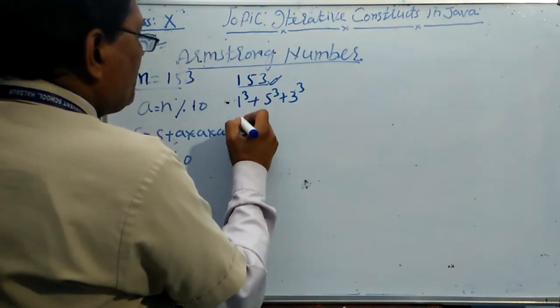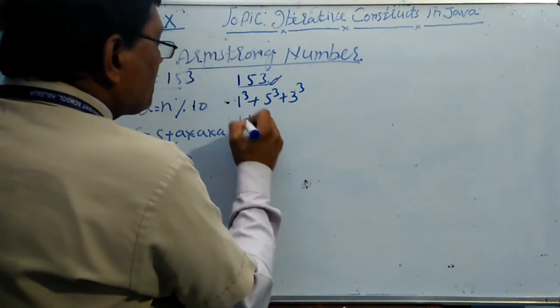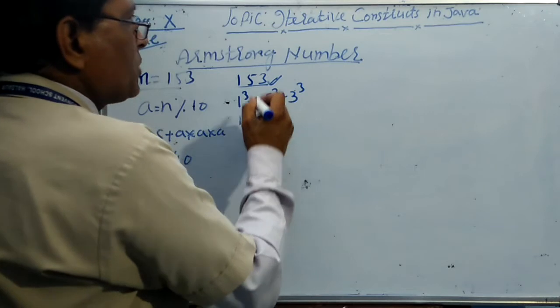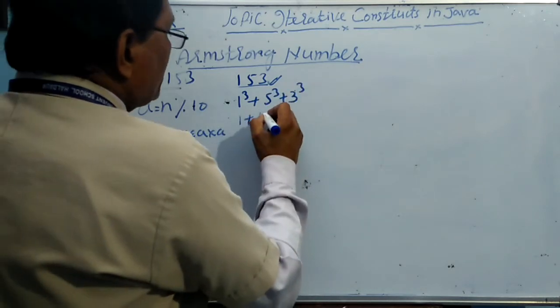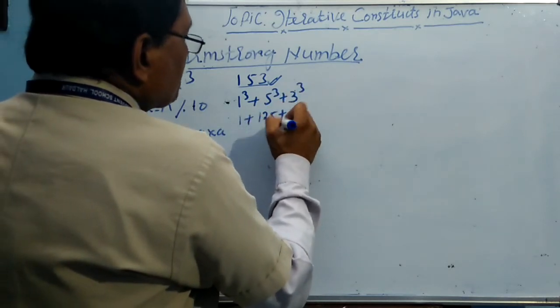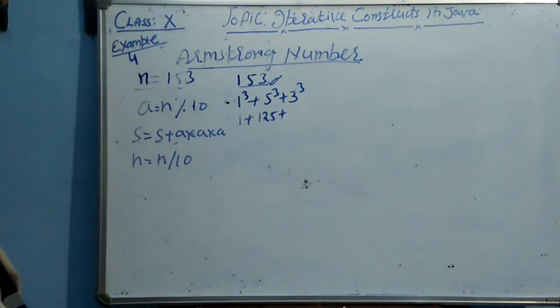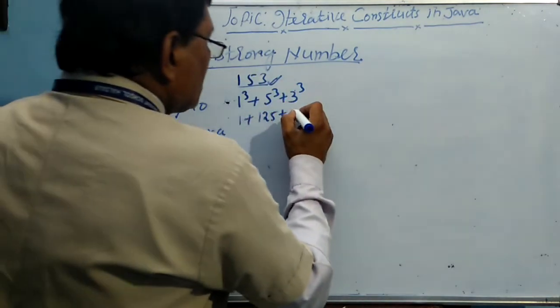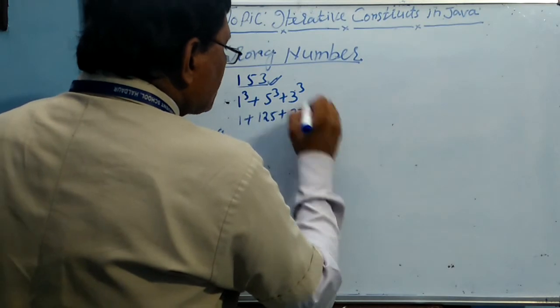1 cube is 1, plus 5 cube: 5 5s are 25, 25 5s are 125, plus 3 cube, which is 27.